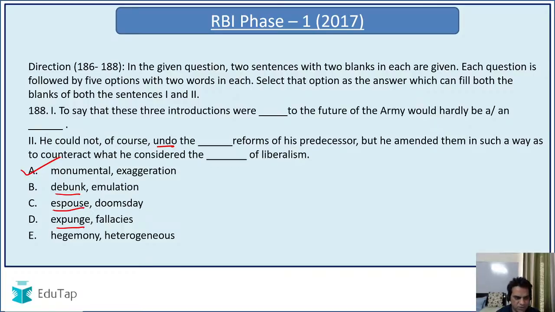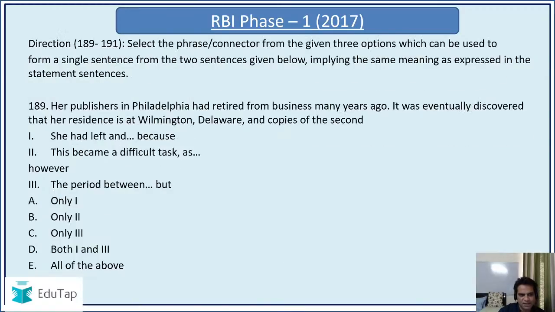So the left out was A and E, and heterogeneous cannot be used in the second blank of option number B. So that's what leaves me with option number A. Got it? All right. Let's look at the next question, guys.